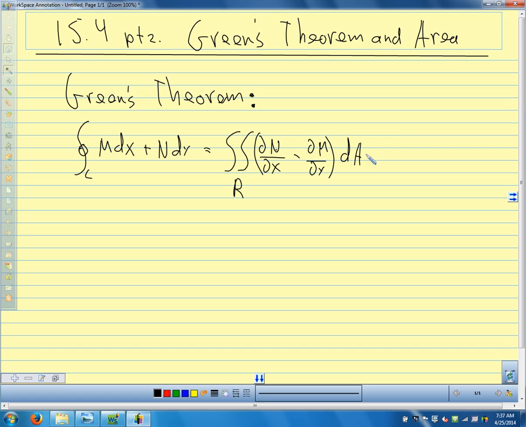over the region that's enclosed by the closed curve. We did an example where this came up yesterday.